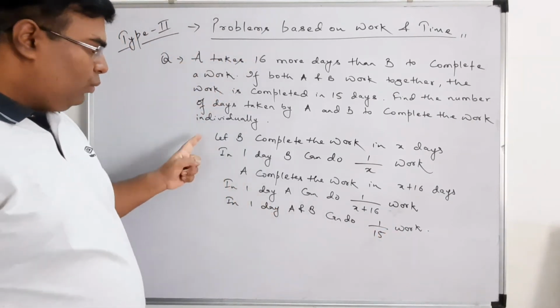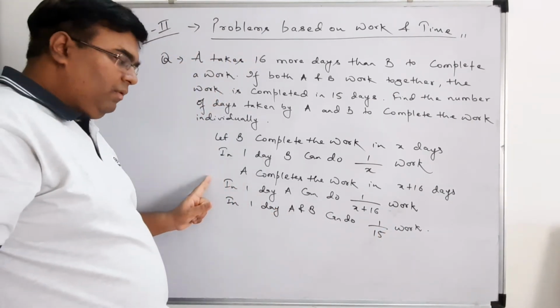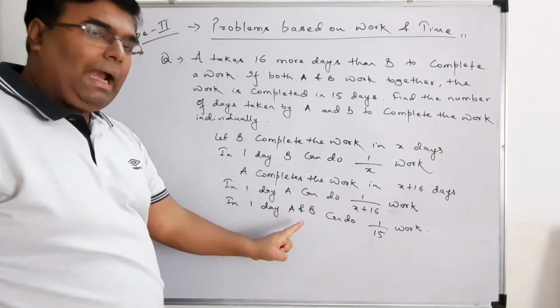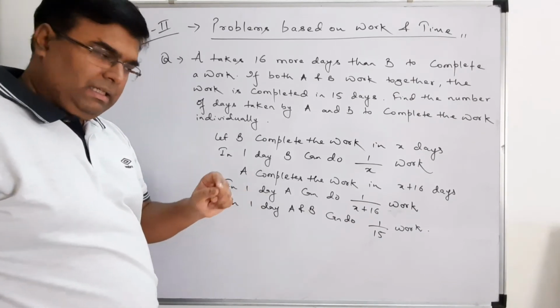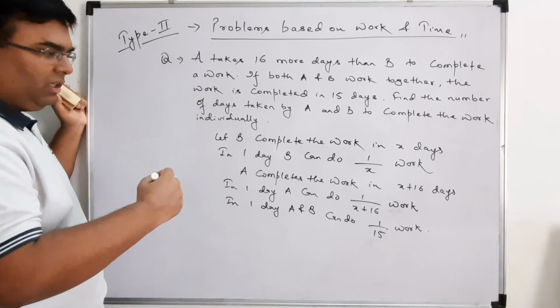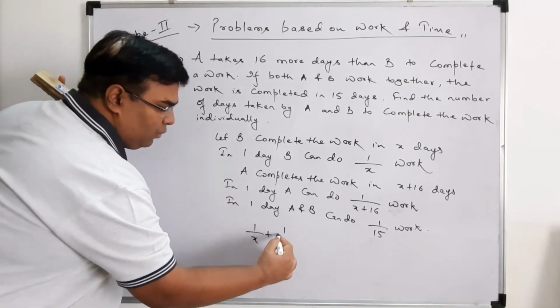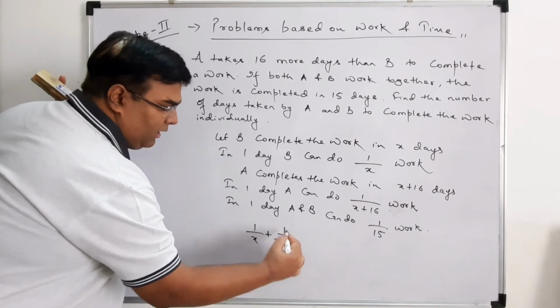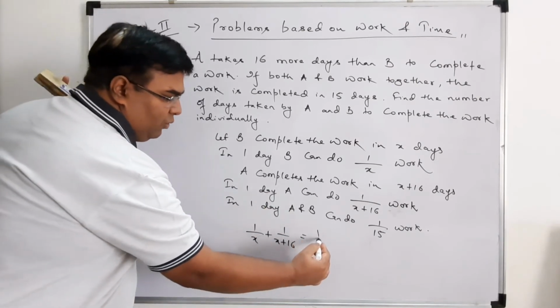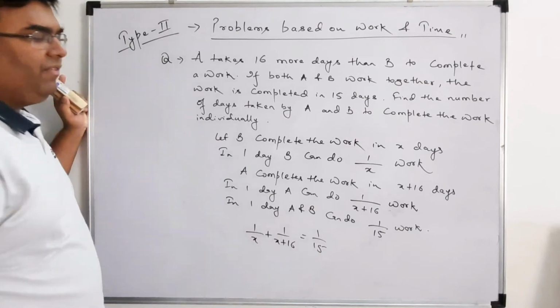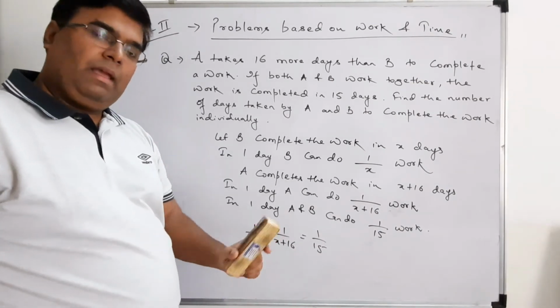Now if you add one day of B and one day of A, you will get one day of A and B. Correct? So the equation will be 1 by X plus 1 by X plus 16 equals 1 upon 15. Now we need to find the X.